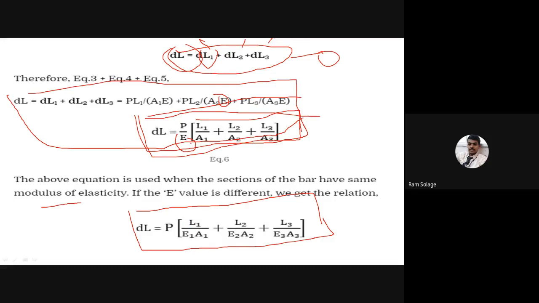आता काय होईल बघा, E कॉमन नाही आपला, सेपरेट आहे. त्यामुळे काय होईल इथं E1, E2 and E3, because we have considered different material for different sections. So elasticity constant will be different for each material. So formula will be different for different material. So write down formula.